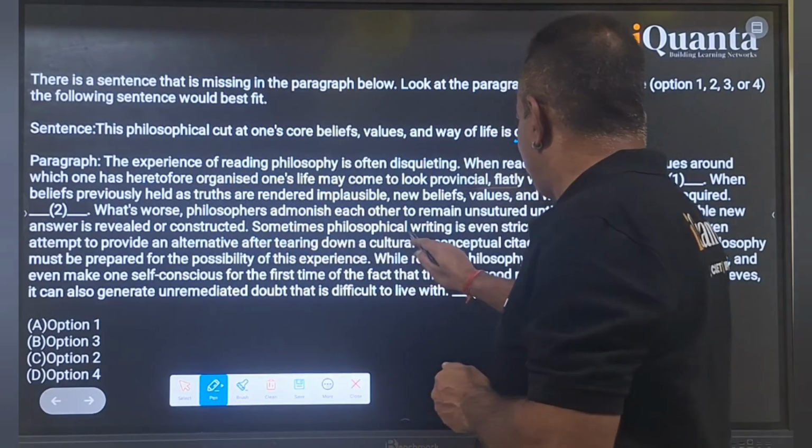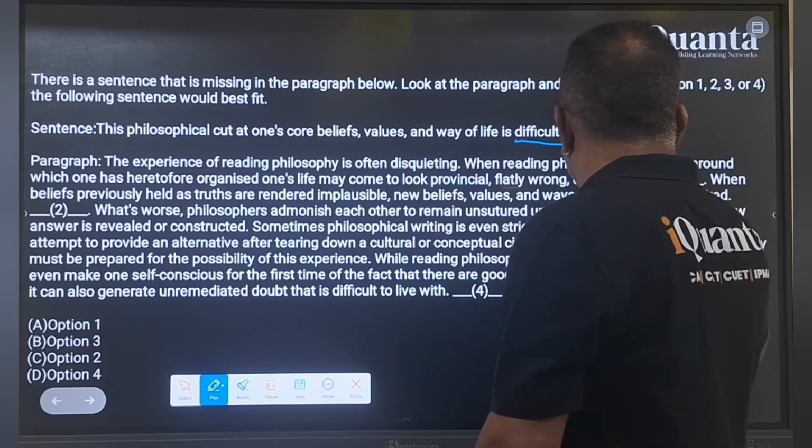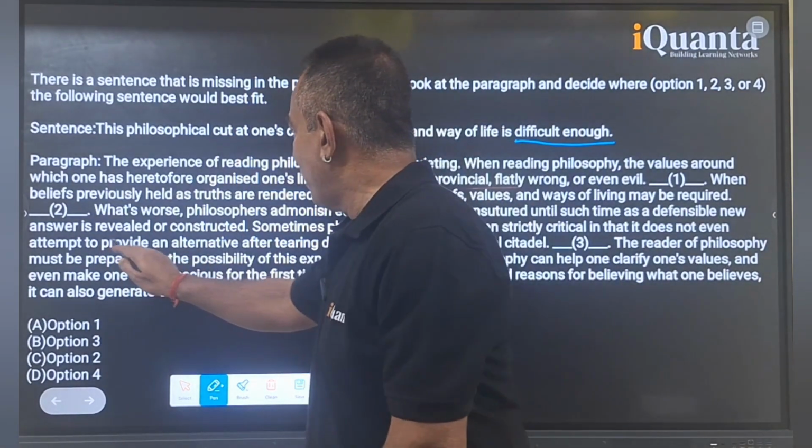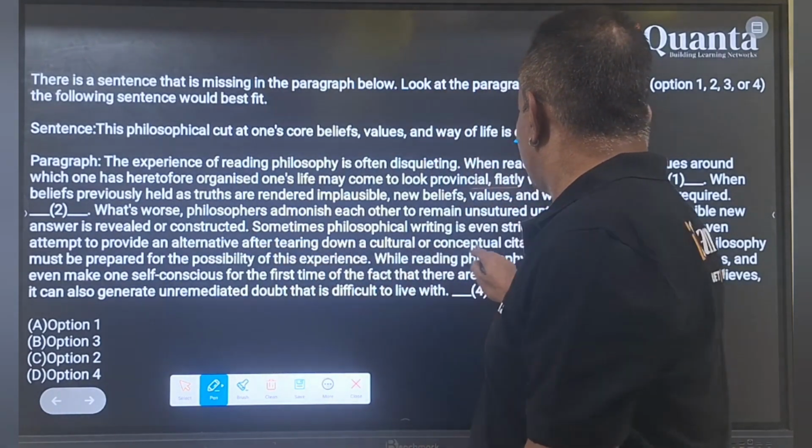Sometimes philosophical writing is even strictly critical in that it does not even attempt to provide an alternative after tearing down a cultural or conceptual citadel.